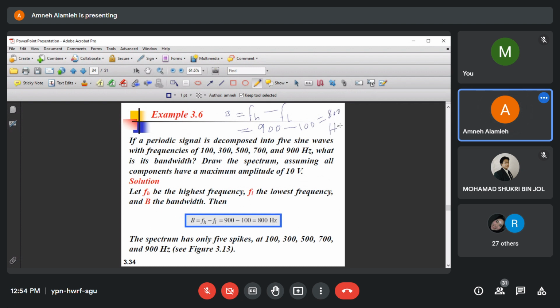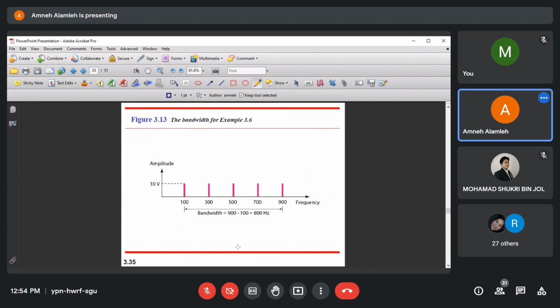Hertz. We measure the frequency with hertz units. Then the spectrum has only 5 spikes at 100, 300, 500, 700, and 900, with the maximum amplitude of 10. So this is the bandwidth spikes. We said the amplitude is 10 for all 5 waves.